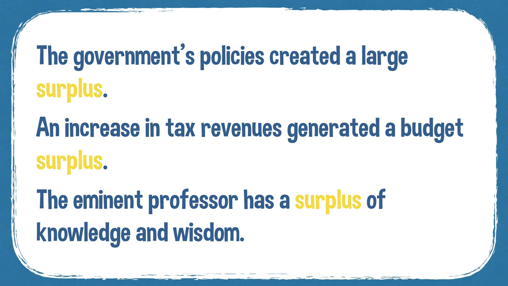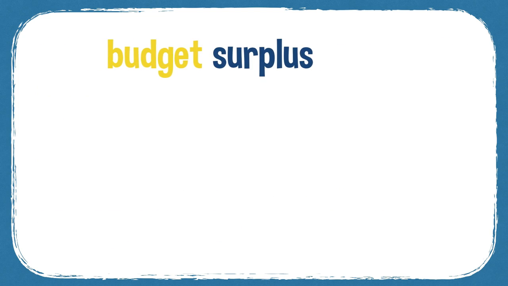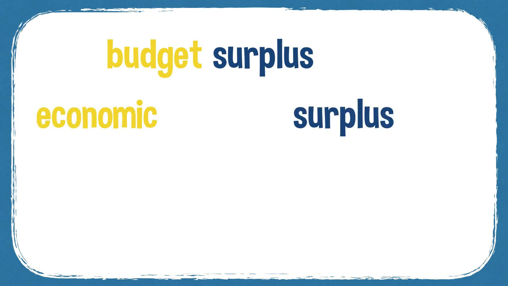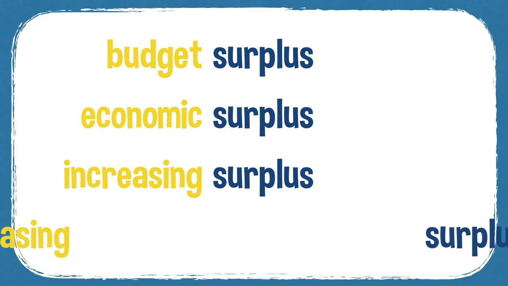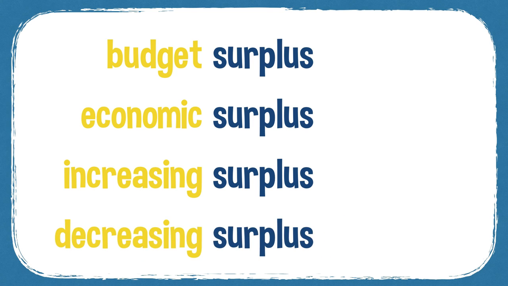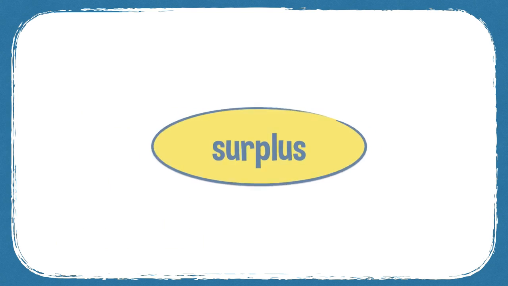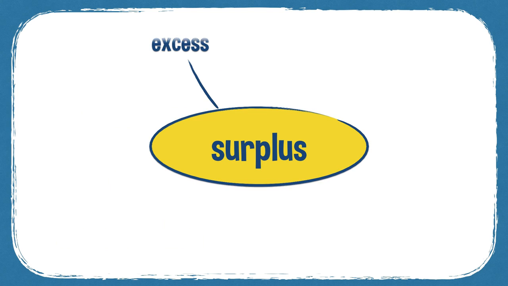He's got more than he will ever need. He has a surplus. We talk about budget surplus, economic surplus, an increasing surplus, a decreasing surplus. And some synonyms for surplus: excess, leftover, and unused. Unused money, unused resources.